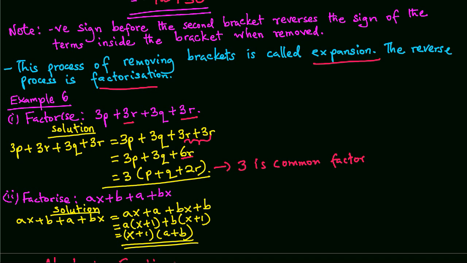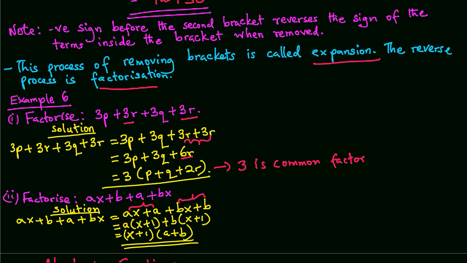We can also have factorization by pairing, and that is what we want to see in Roman 2. So in this case, we are going to pair ax and a because they have a in common, and bx and b because they have b in common.